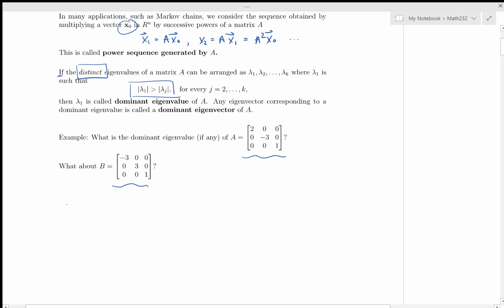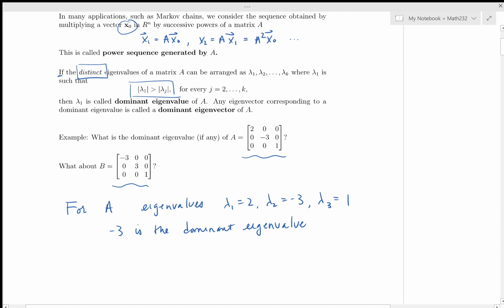For matrix A, the eigenvalues are those entries: lambda 1 is 2, lambda 2 is minus 3, and lambda 3 is 1. So we've got 3 eigenvalues, and minus 3 is the dominant eigenvalue, because in absolute value it is the biggest.